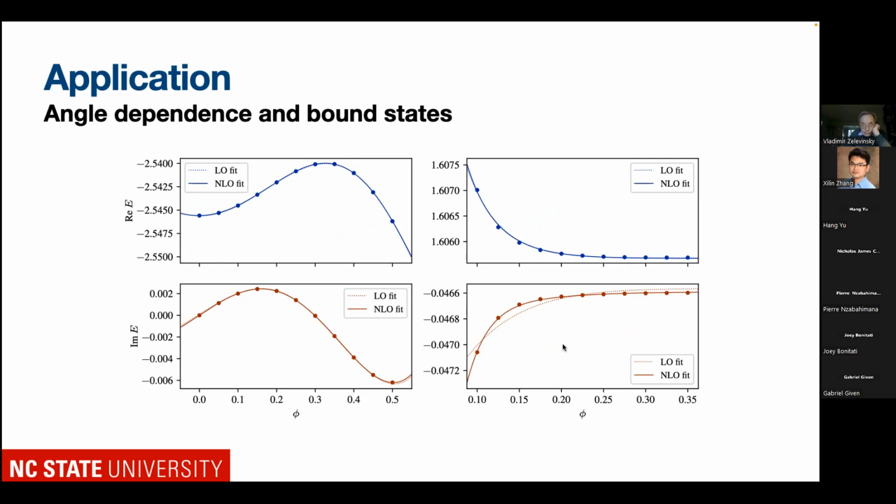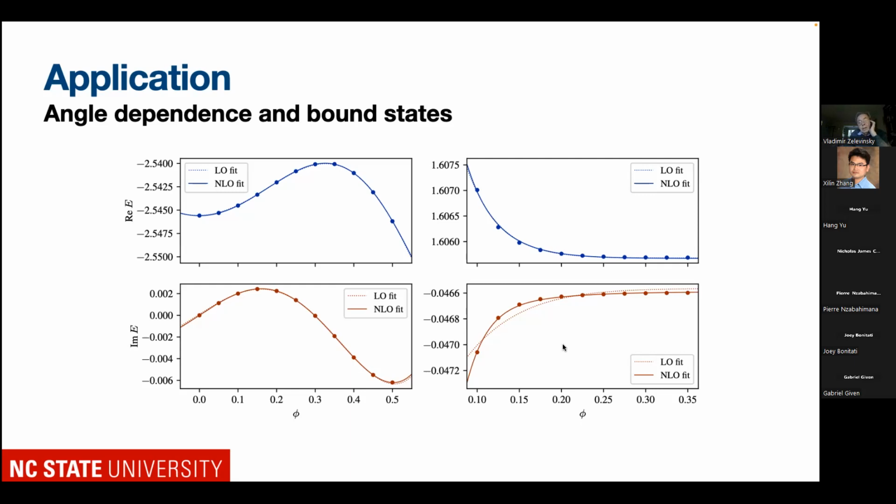Suppose you have a resonance located on a Riemann sheet, and the larger the phi angle is, the more localized the resonance is as you rotate the contour. So numerically the branch cut rotates further away, and you get much closer to the physical values.